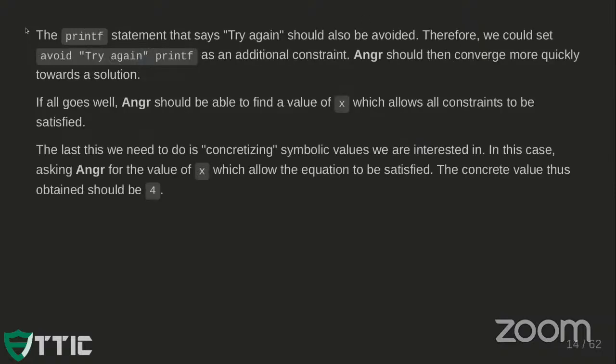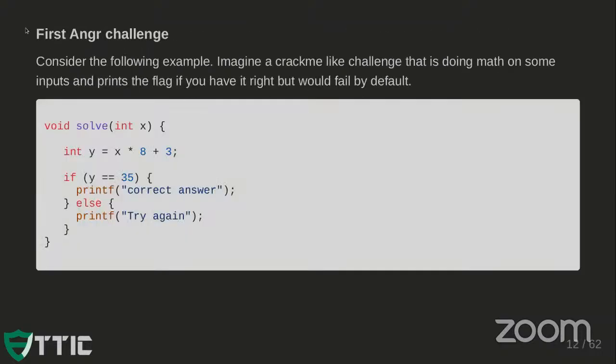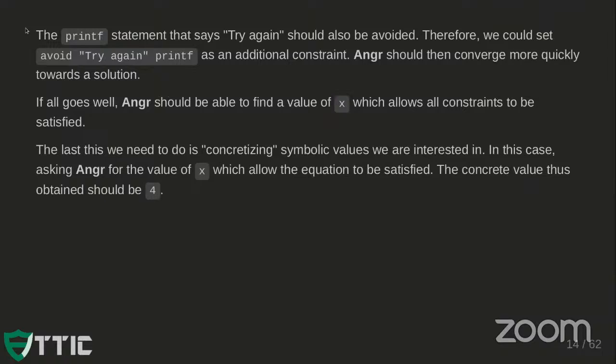So we want to go to the printf with the correct answer address, and we want to tell angr to avoid the other address, the address where it prints try again. And at the end, when it reaches a solution, we want to recover the input because we marked it as symbolic.